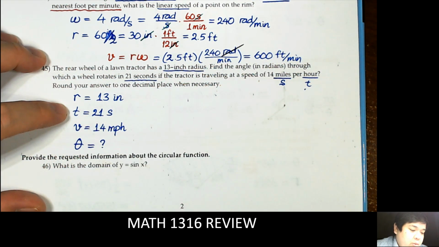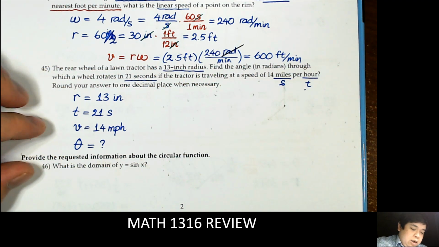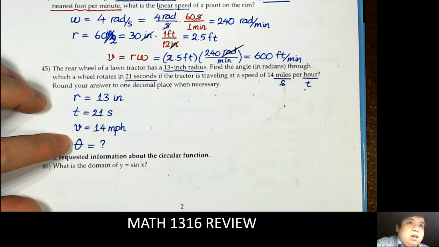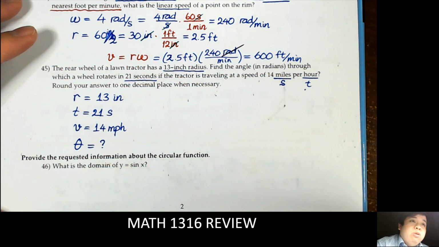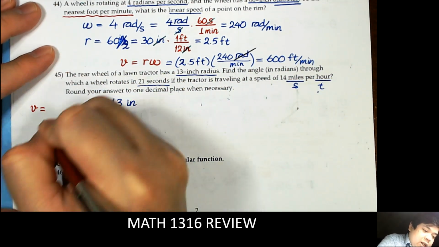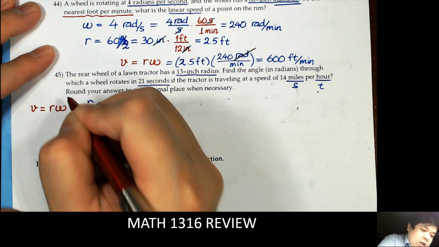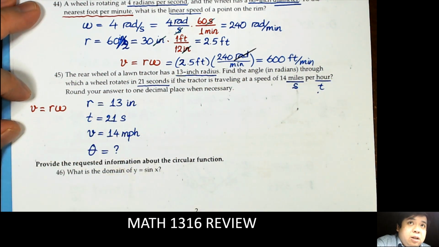So we have v, and then certainly we can go to omega. There are a few ways to do this. Let's write all the formulas that we can use. V, the linear speed, equals r times the angular speed. From here we can convert to the angular speed.